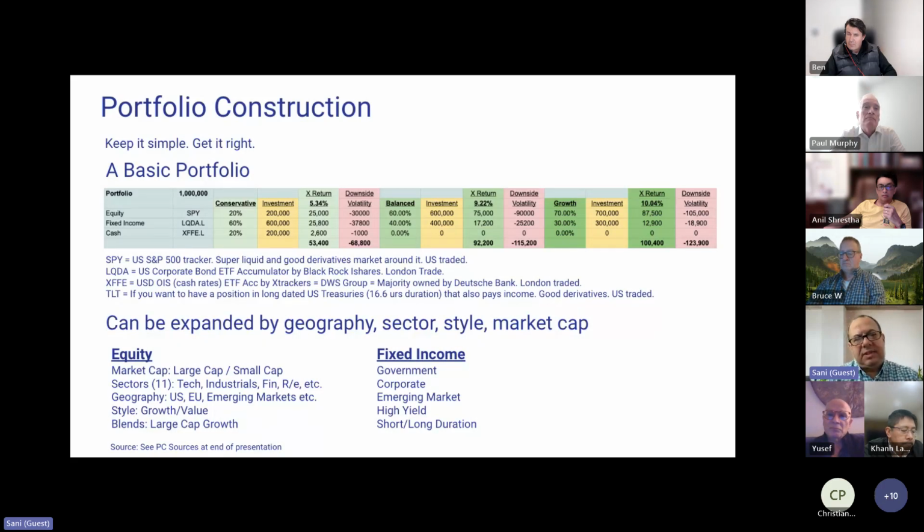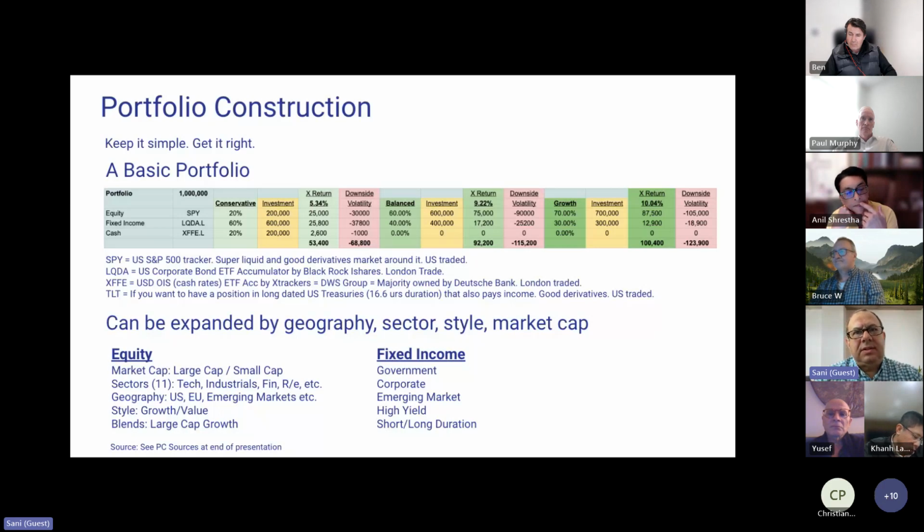And then on the fixed income side, similarly, you have government, you have corporate, which are companies, you have emerging markets, you have high yield or higher risk, and you have short duration or long duration. Now, duration is a term that's often confused with maturity. They are not the same thing.